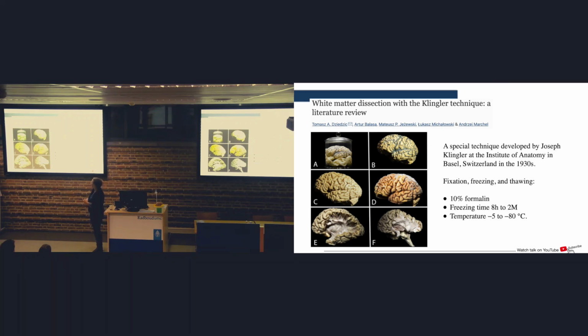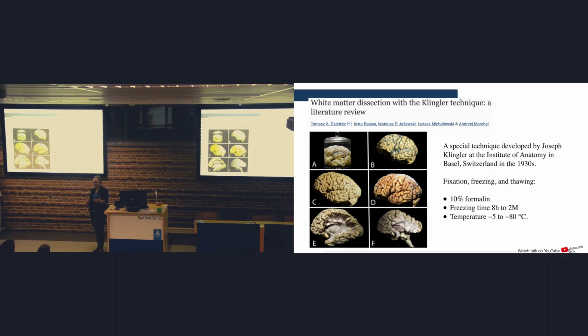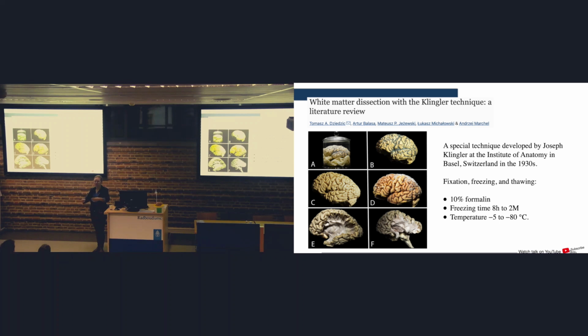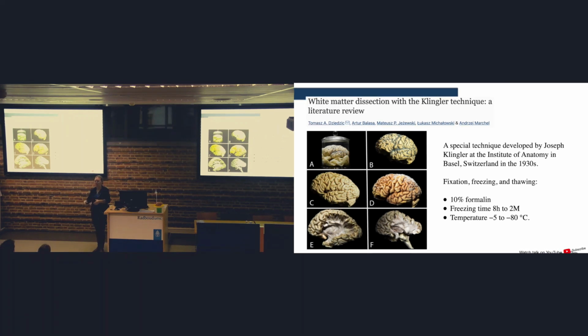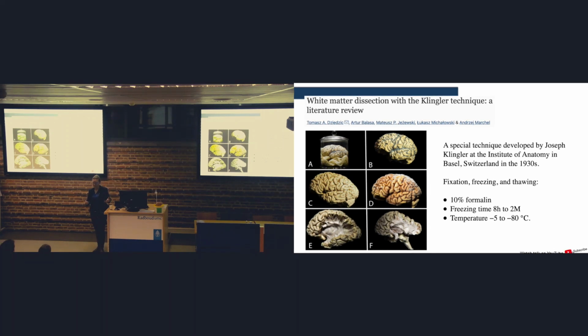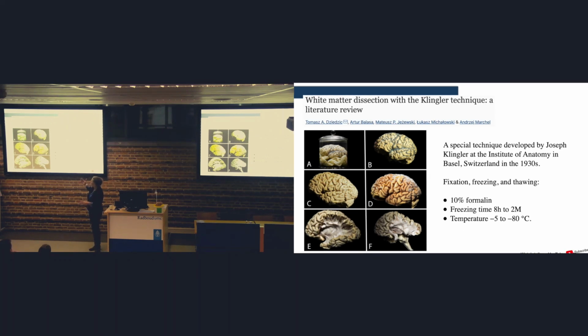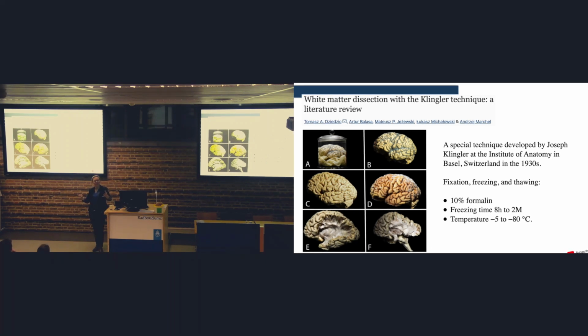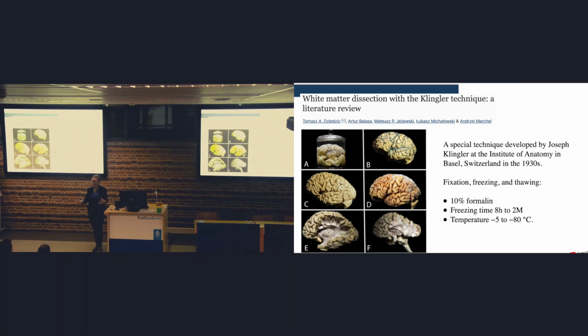But what hasn't changed about this method is that it takes quite a long time to prepare the brains. It's a repeated cycle of freezing the brain, thawing the brain, freezing the brain, thawing the brain. Ideally, this will last about 3 months. This is just to get to the point where you have the brain in a condition where you can actually perform the dissections.